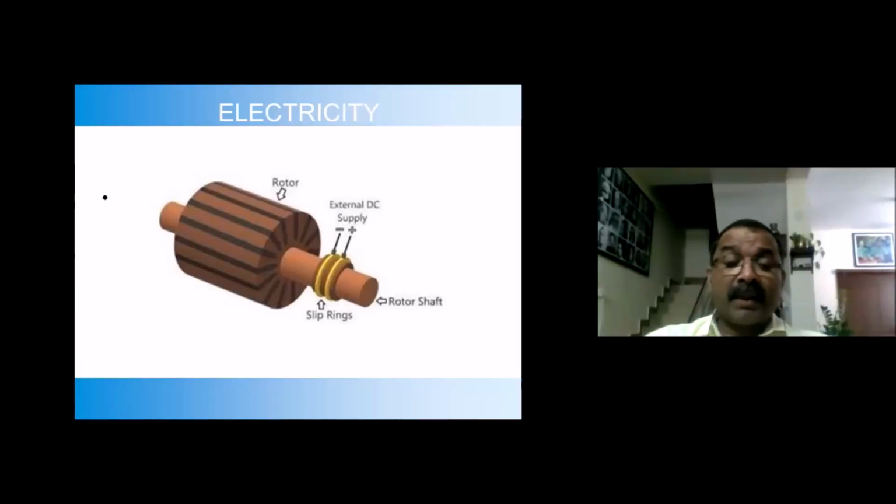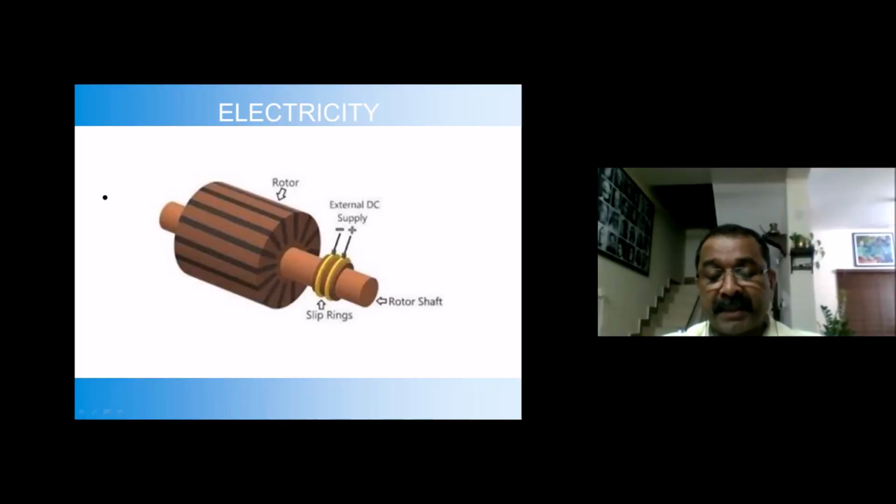In a generator, we have to forcefully rotate this rotor, so we make some arrangements on the rotor shaft to rotate it. Uncle will concentrate on a hydel power station, where the rotor is rotated through water power.